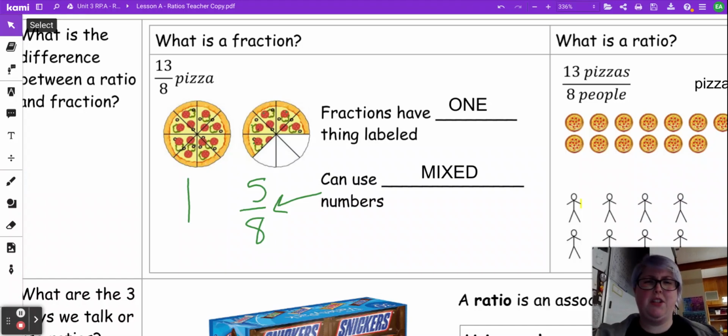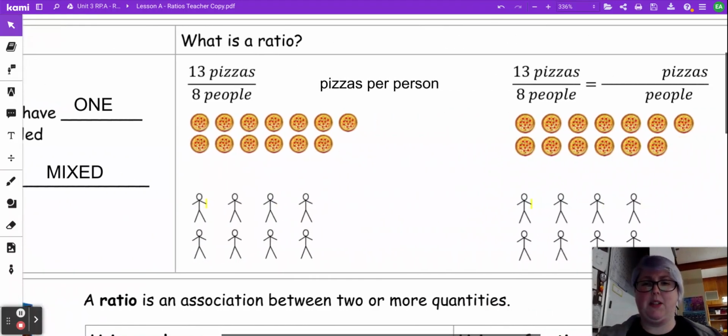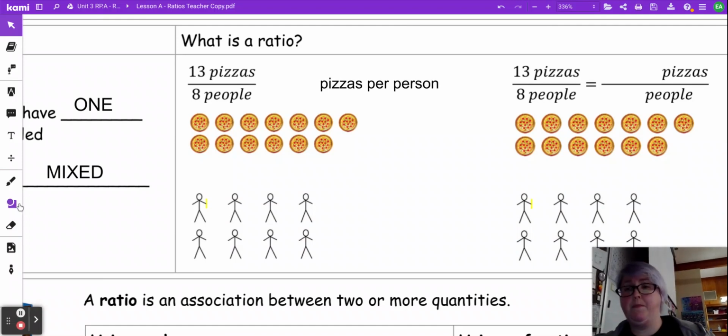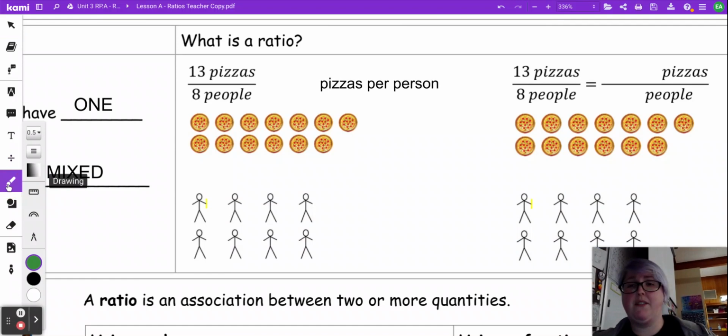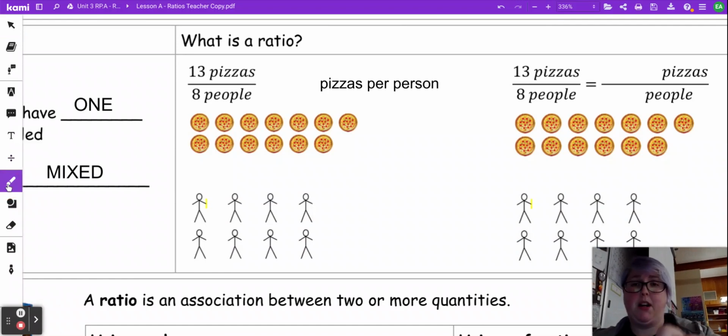So how are ratios different? Because they look really similar. So when we see ratios like there are 13 pizzas for 8 people, you can still turn that fraction into a mixed number. That would be one whole pizza and 5/8 of a pizza per person. But notice we still have pizzas and people.